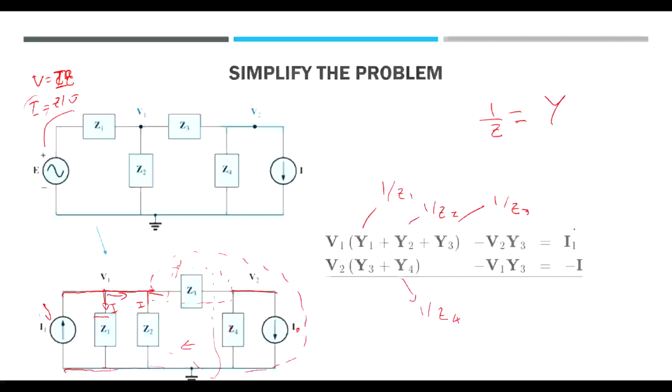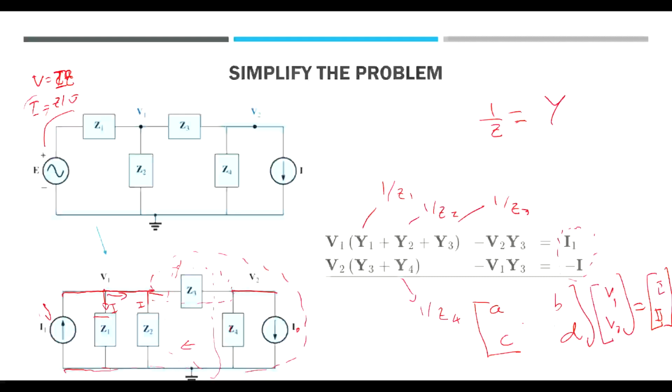And if you notice, then we have the sources here, and you get the admittances Y1, Y2, and Y3, and your constants here times V1, V2 equal to your currents.